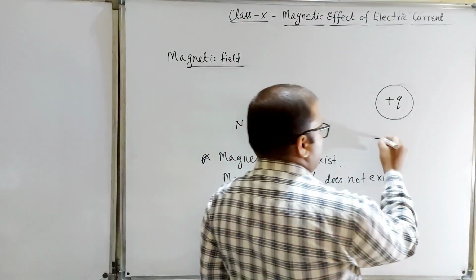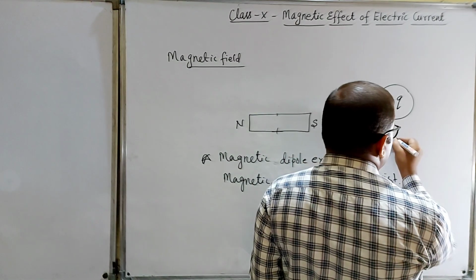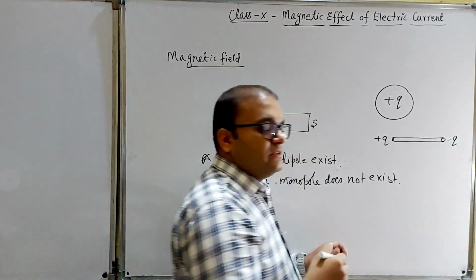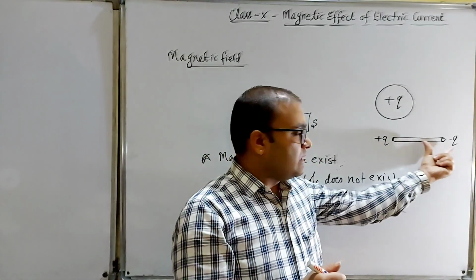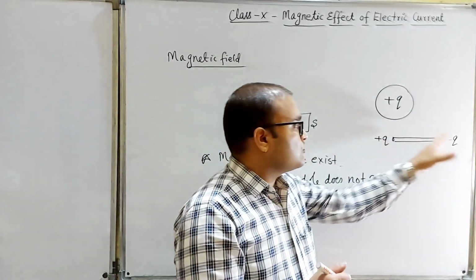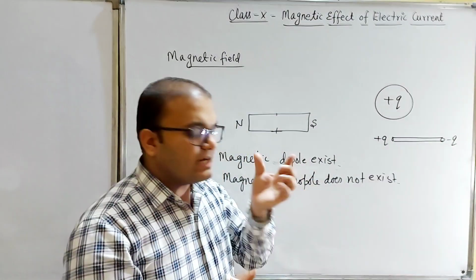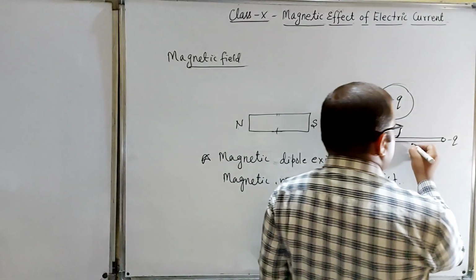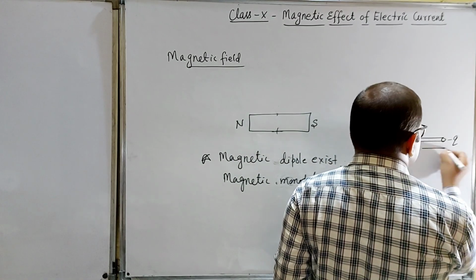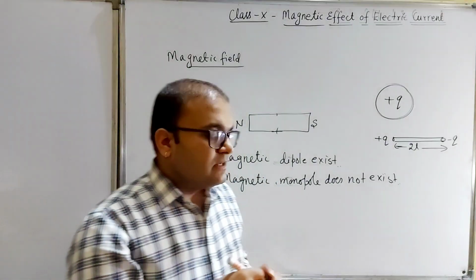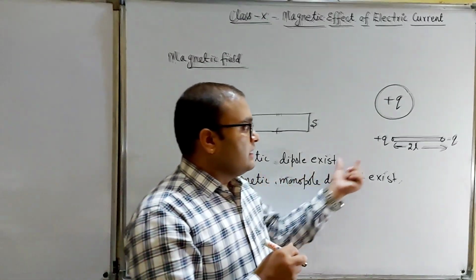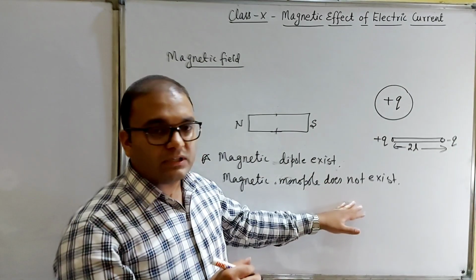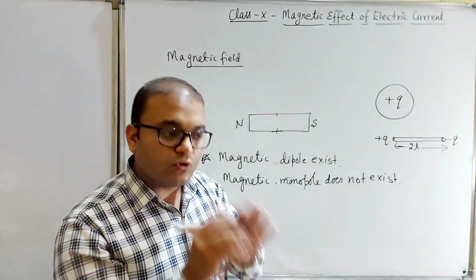A dipole is a combination of two charges plus q and minus q, two charges having equal magnitude but opposite in nature, placed at a very short distance 2a. You will study about the dipole in higher classes. So like the magnetic dipole, the electric dipole also exists, but the magnetic monopole does not exist while the electric monopole exists.